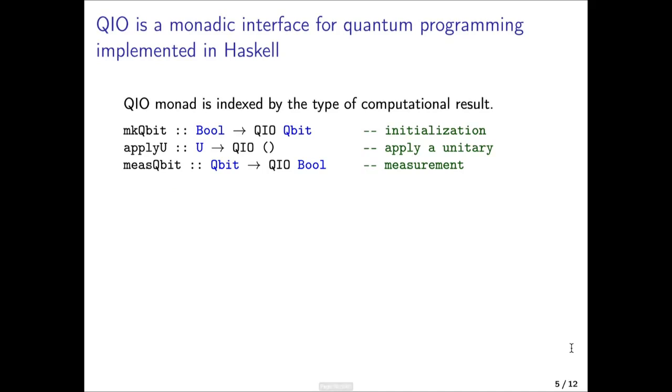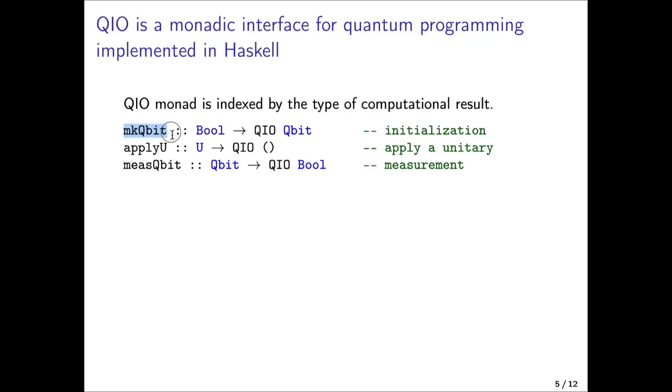It is a monadic interface implemented as a Haskell library for doing quantum computation, and it has a lot of neat things that we need to make our quantum Hoare type theory work. The core idea is that there is a monad called QIO, which is indexed by the type of the computational result. We see some examples of primitives here.